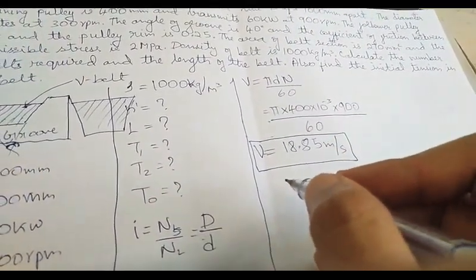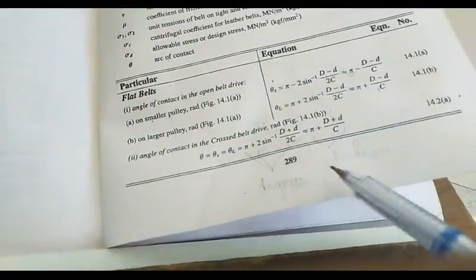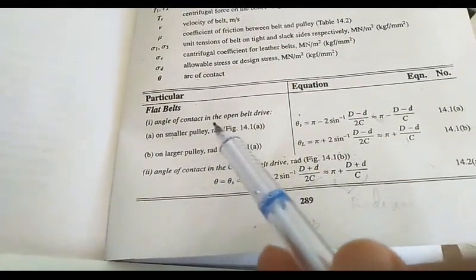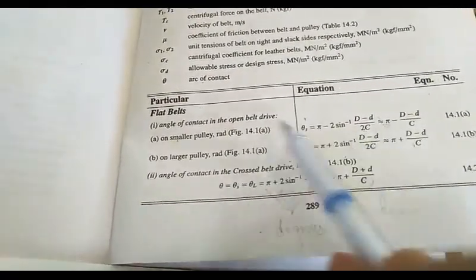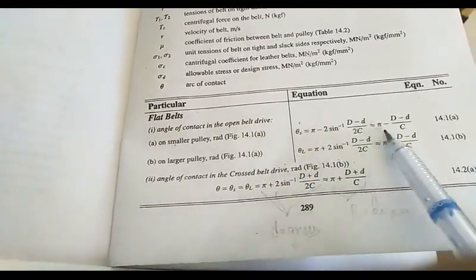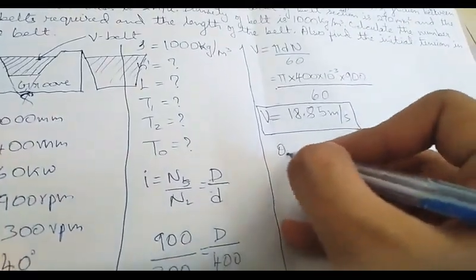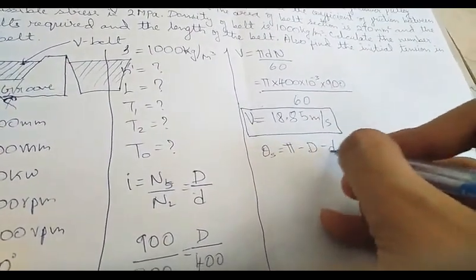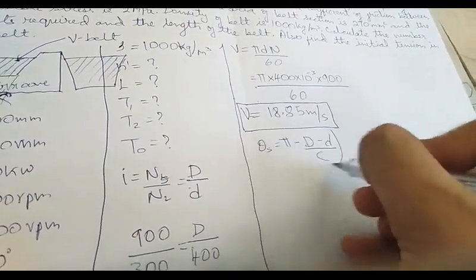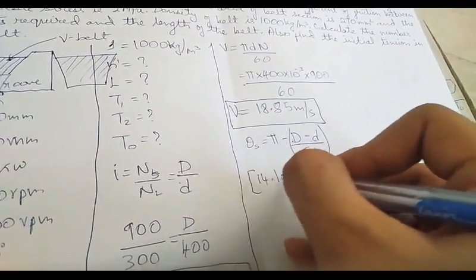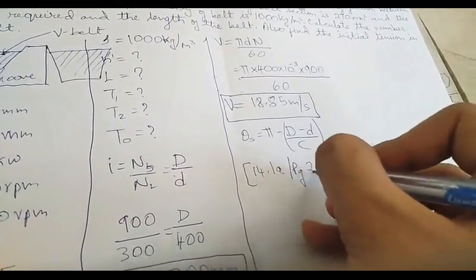Next we'll find the angle of contact for smaller pulley. So to find the angle of contact, we shall go to the first page number 289. Here on smaller pulley, the angle of contact. So we shall take this formula. Here they are given for open belt drive. So this is same for both open belt drive and V belt drive. This formula is given by equation 14.1a, page number 289.